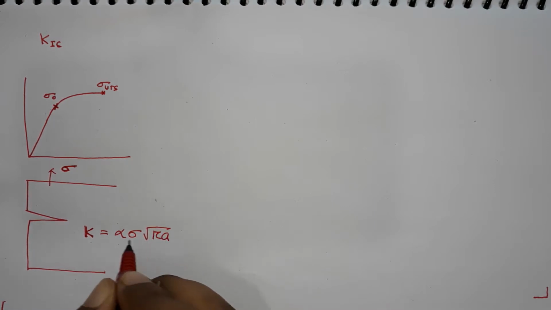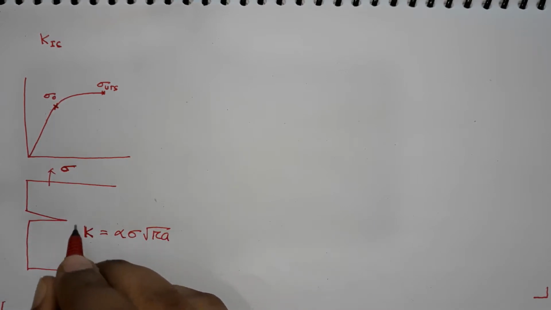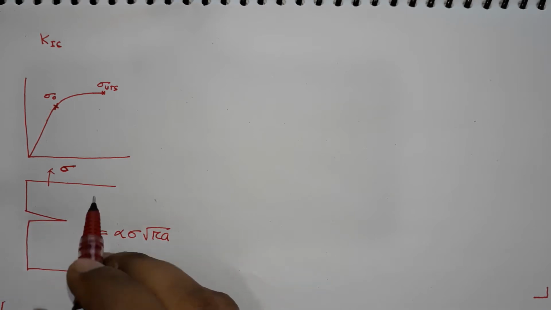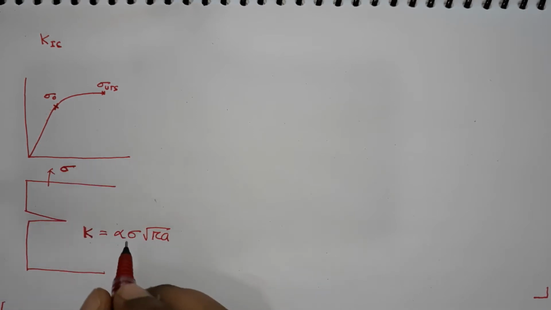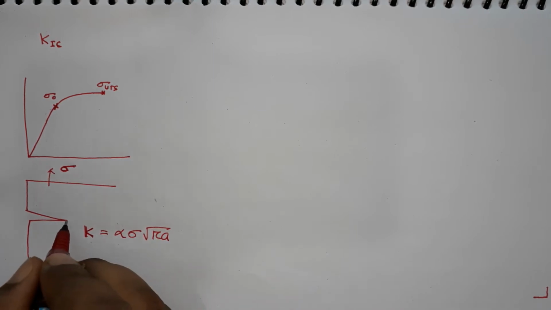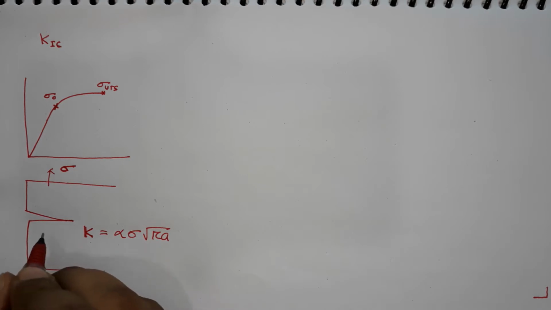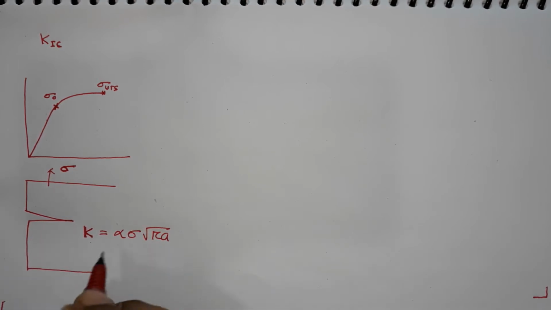So, as we increase sigma, the stress intensity factor will be increasing, and then we will reach a critical value, after which this crack will start propagating, will increase in size. So, crack growth will happen, and that will be the fracture toughness value.